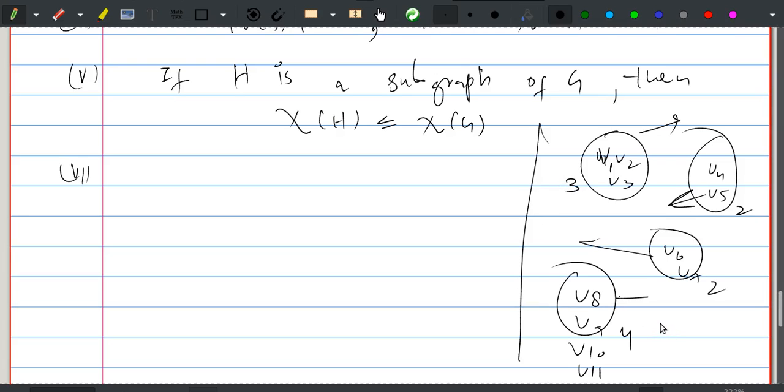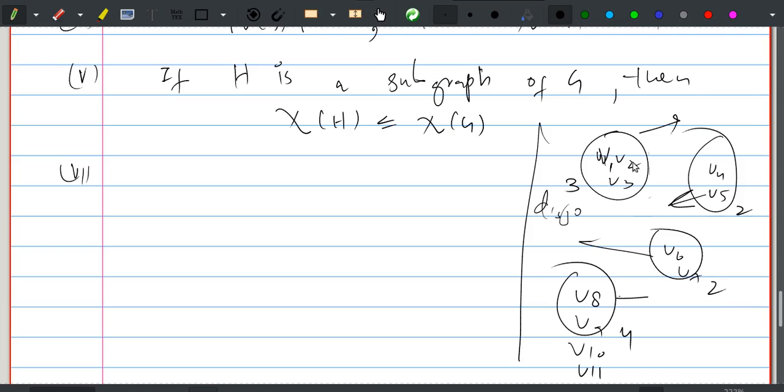Now what is the maximum number of colors that we are going to use to color this graph? The maximum number of colors that we are going to need is 4. So we can use just 4 colors to paint all these vertices. Now one can note here, this graph is given to be disconnected and having these 4 components.